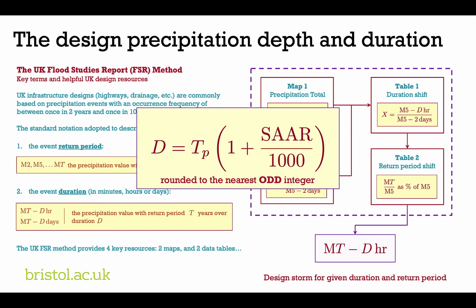And once we've found D, it needs to be rounded to the nearest odd integer. And the reason for that is that there will be an odd number of bars in our hyetograph. If you remember a few minutes ago, the middle bar was quite large and then there were 4 subsidiary bars. So there needs to be a central peak in that hyetograph. And so that's why we need our duration D to be the nearest odd integer.